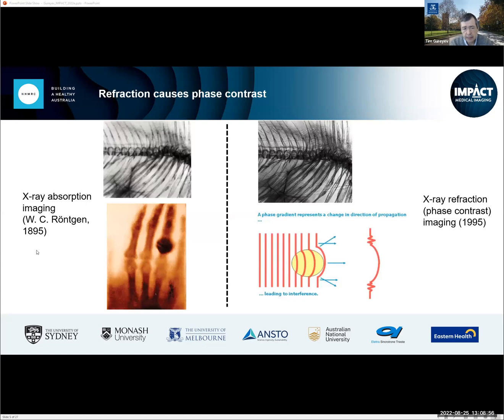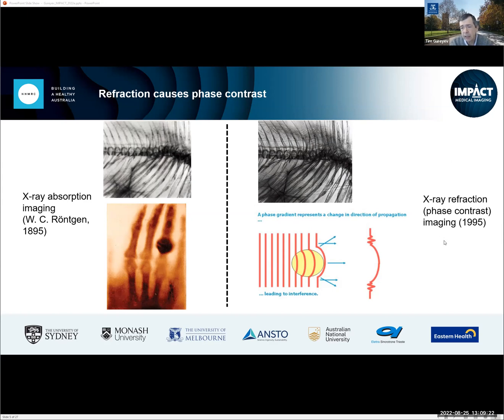So as I said, the 100 years of X-ray imaging actually started in 1895 when William Röntgen discovered X-rays. And his images were, of course, based on differential absorption of X-rays in human body parts or in different objects that he imaged.